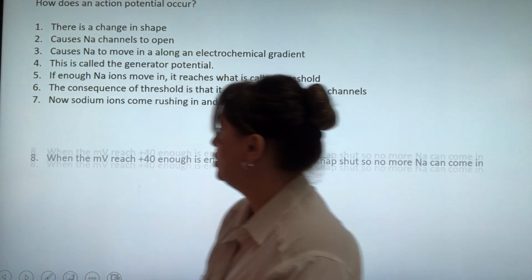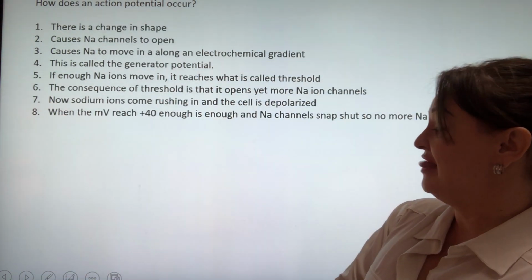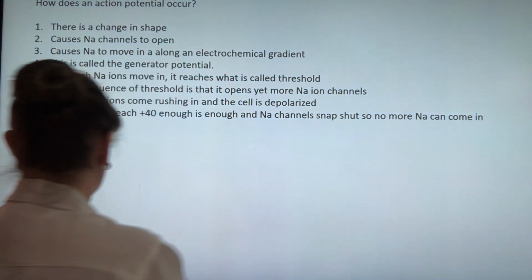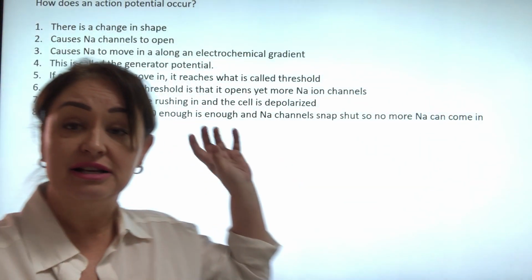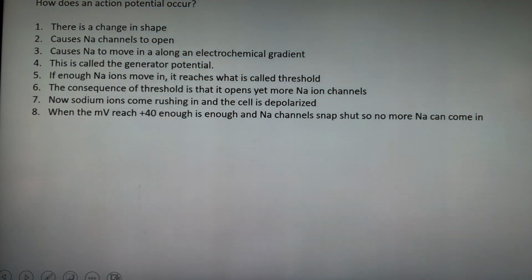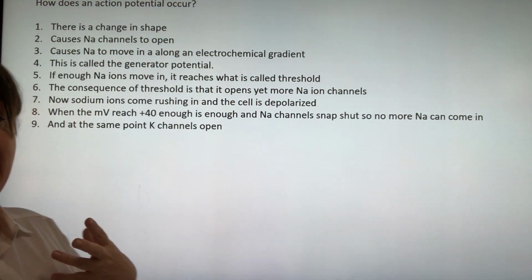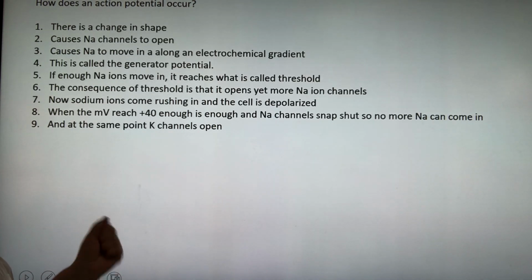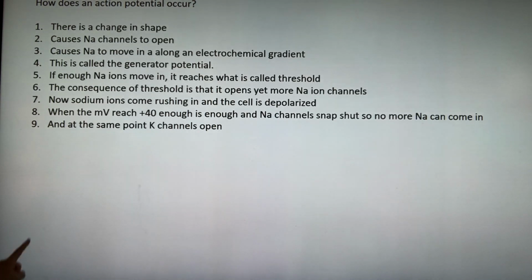The cell becomes depolarized, and then at plus 40, those sodium ion channels snap shut, and of course the next thing is going to be to repolarize it, so we have the potassium channels open.